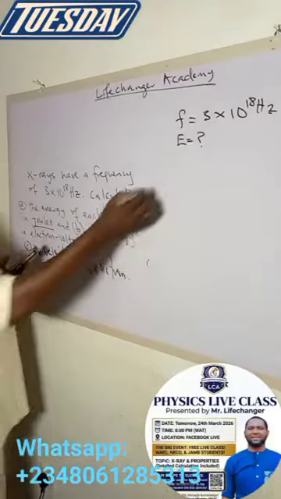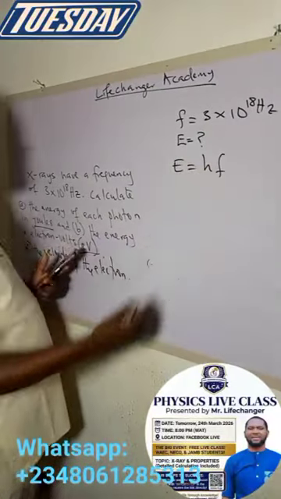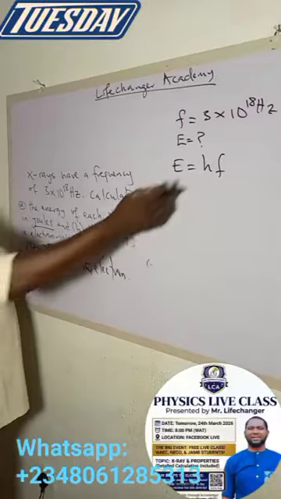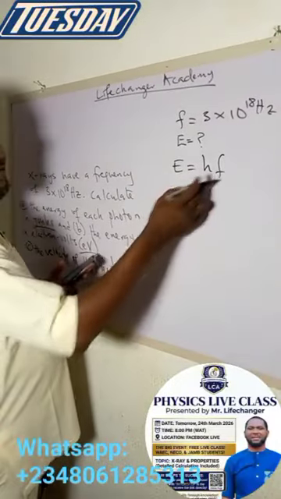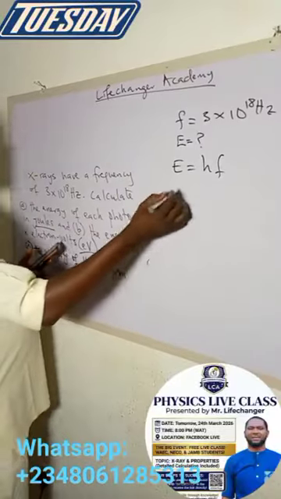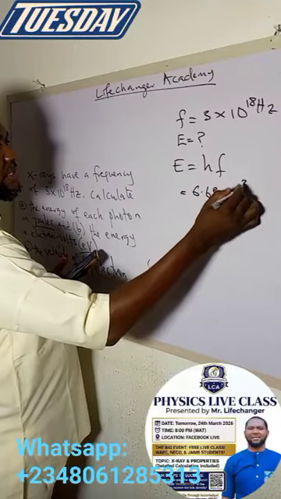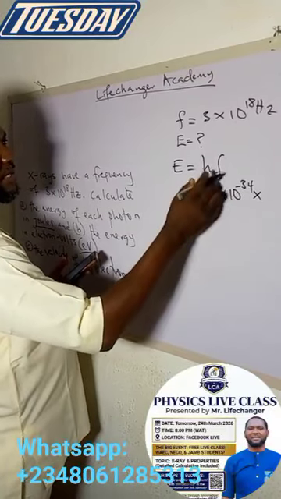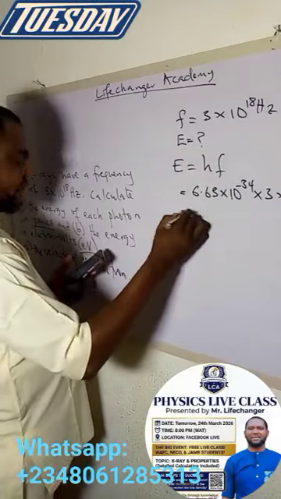Now the energy in joules, remember the formula for energy, the same as with light, it is hf. Very simple. h here is Planck's constant, like I told you, a constant value. Then f here is frequency. So if I substitute the values, this will be 6.63 times 10 to the power -34, multiplied by the frequency, 3 times 10 to the power 18.